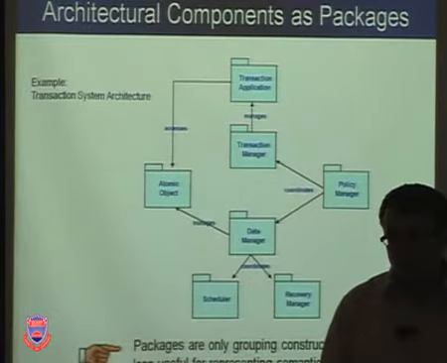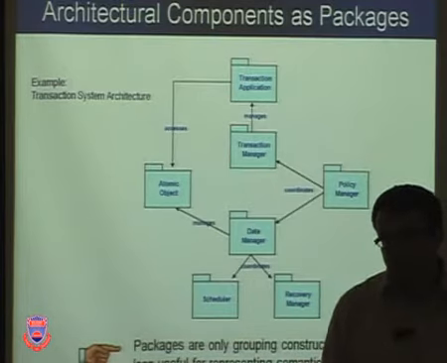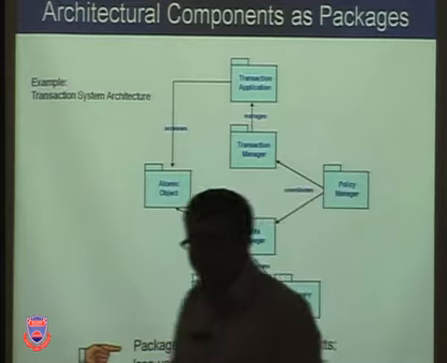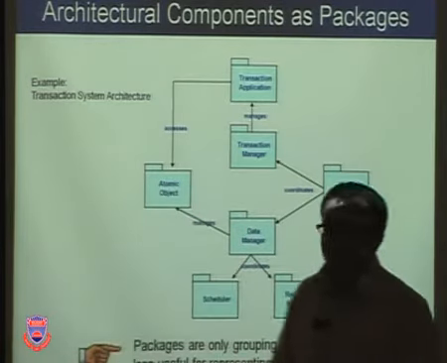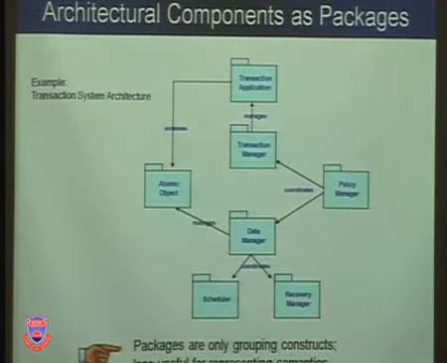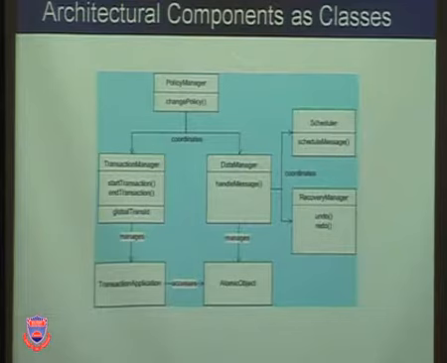So we had 4 elements, right? In UML: class, component, package, node. There are 3 left, so you select one of them, A, B, or C. So what about if you take classes? This is the same architecture we now represent as classes, using a class diagram.